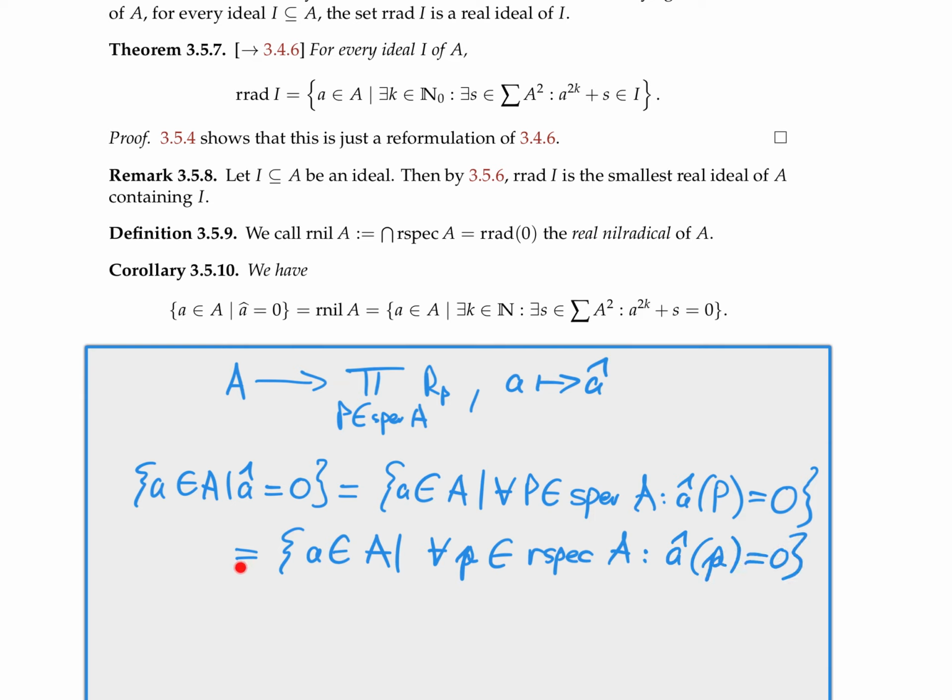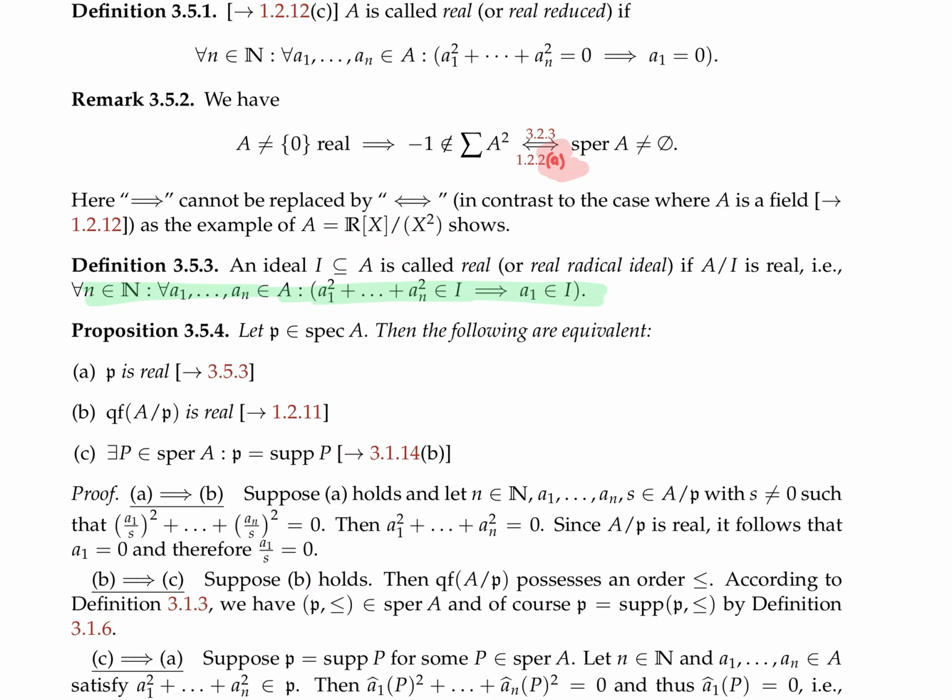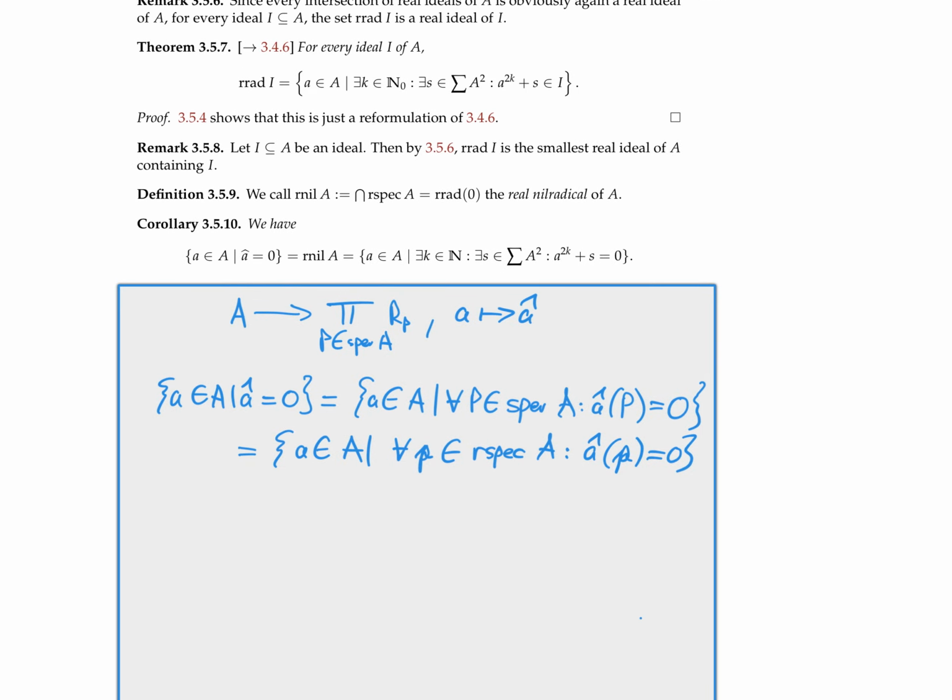So here I use this again, the equivalence of A and C. And now this is equivalent to A in P, and so you see that this is equivalent to A lying in the intersection over the real spectrum of A, which was the real nil radical of A. So that's why this is true, and this comes just from this.